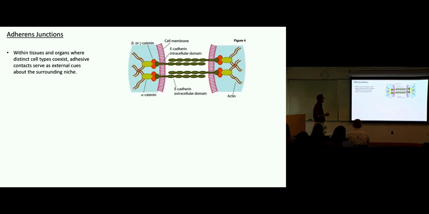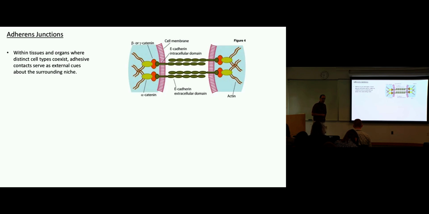So we also have important proteins called adherens junctions. Important protein complexes called adherens junctions, where before I was talking about focal adhesions, which allow cells to attach to the extracellular matrix. Adherens junctions are these complexes where cells attach to each other. Within tissues and organs where distinct cell types coexist, these contacts serve as external cues.